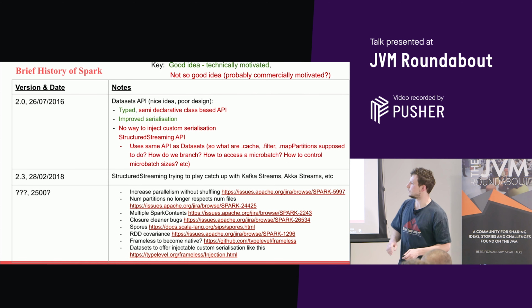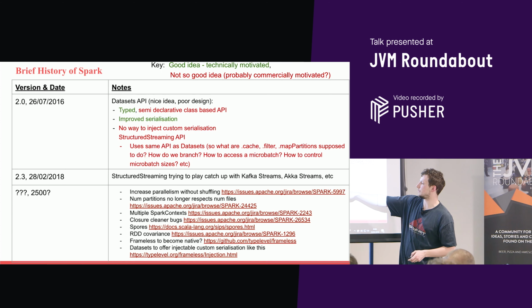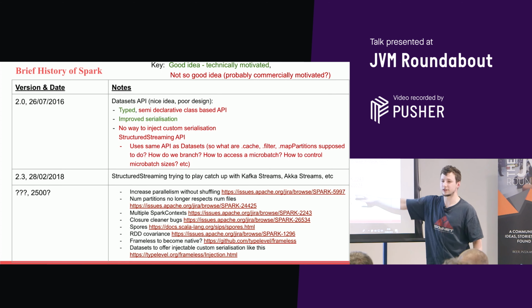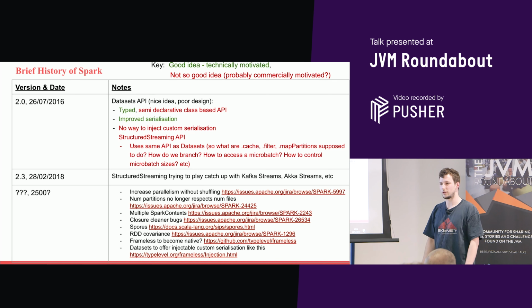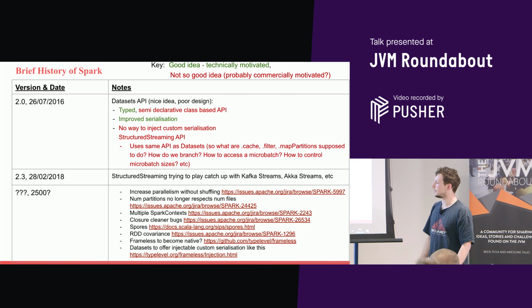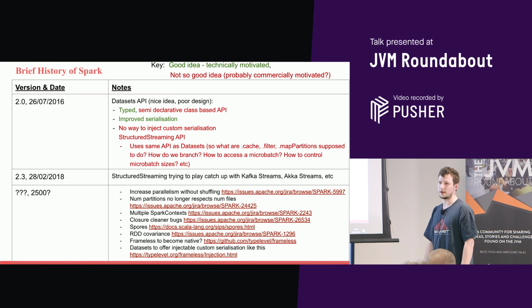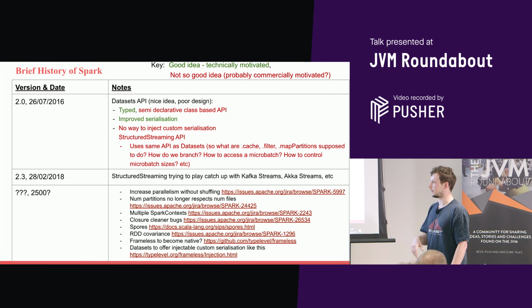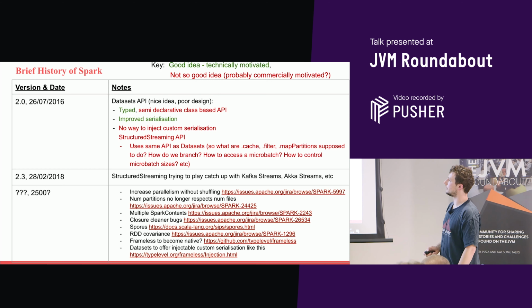There was a project which was some way of declaring explicitly what variables will end up getting serialized, but it still hasn't taken off. So you have to be aware of how the closure works and what gets serialized. And so that's another big caveat that I'd like to point out.